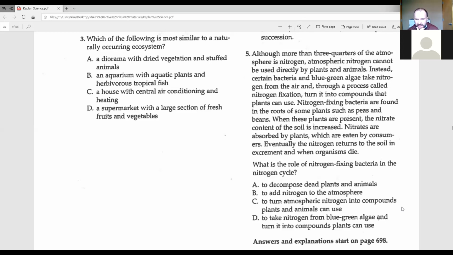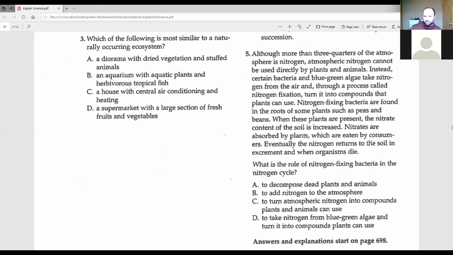Okay? The next one I'd throw out would be A, to decompose dead plants and animals. Nitrogen-fixing bacteria is mentioned up here, okay? Organisms dying and decomposing happens down here, right?